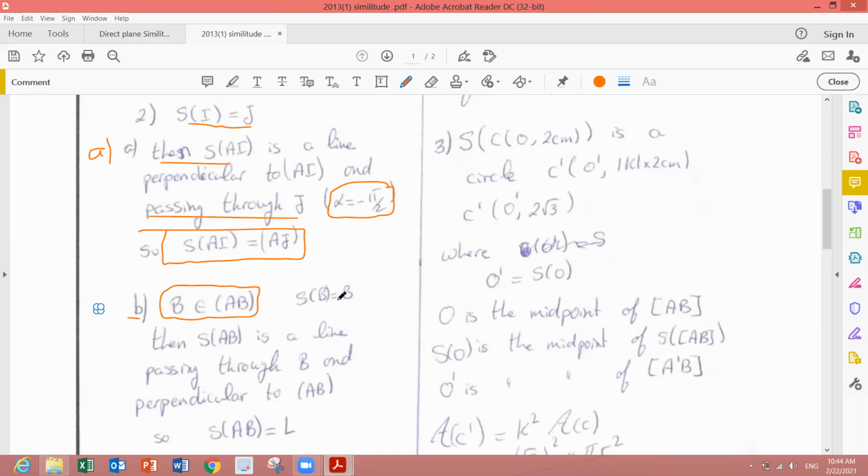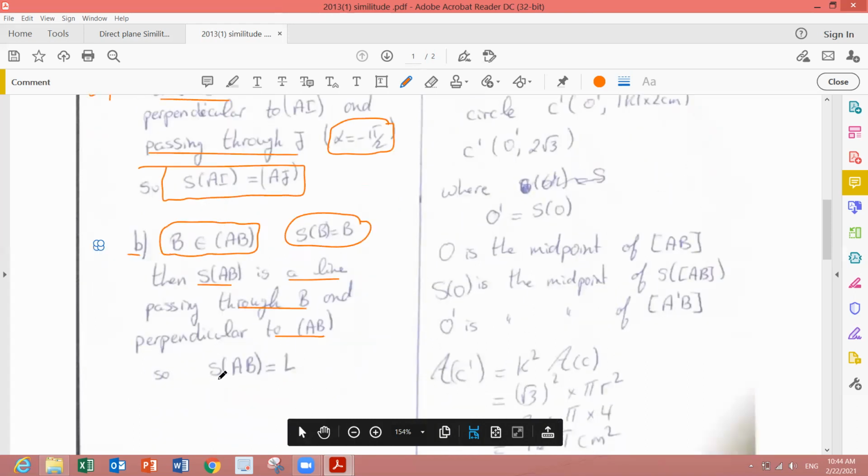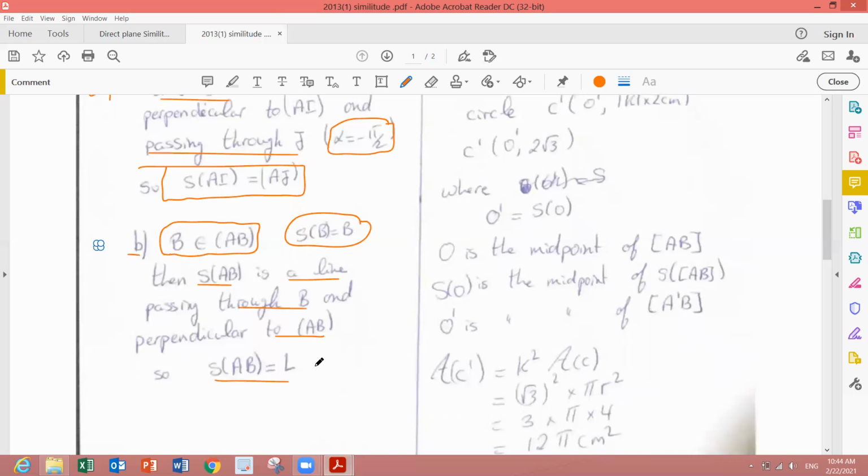B is invariant, S of B equals B. Then S of AB is a line passing through B and perpendicular to AB. So S of AB is L. Written. Okay.